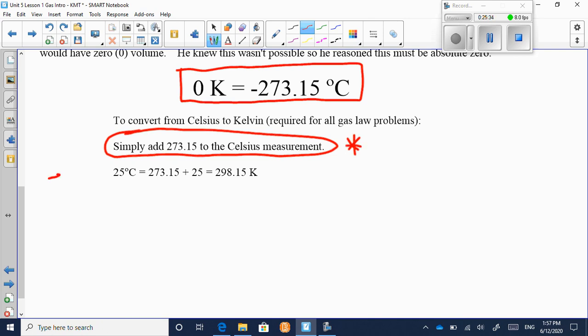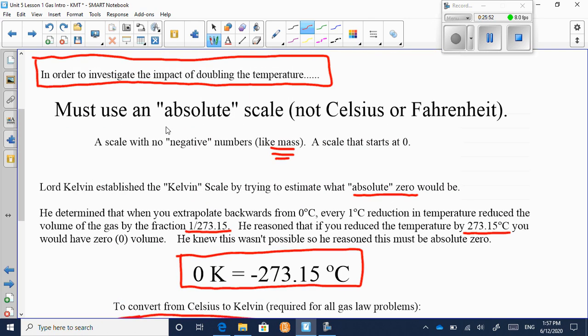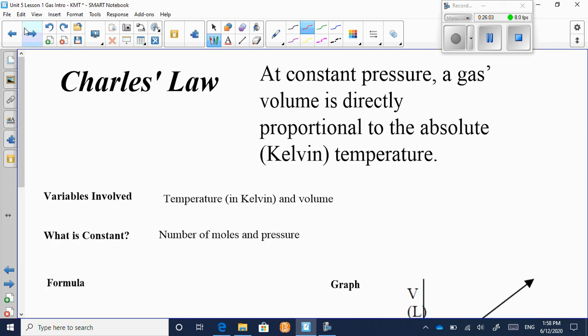So here's a good example of that. 25 degrees Celsius is equal to, well, you'd add 273.15 to 25, and you get 298.15 Kelvin. So in order to do these questions, you do have to convert all degrees Celsius into Kelvin. Okay, so we needed a scale that had 0 as its absolute value, and we developed that. That's what we need to do for these gas laws. Okay, so the second gas law is going to compare temperature in Kelvin to volume.